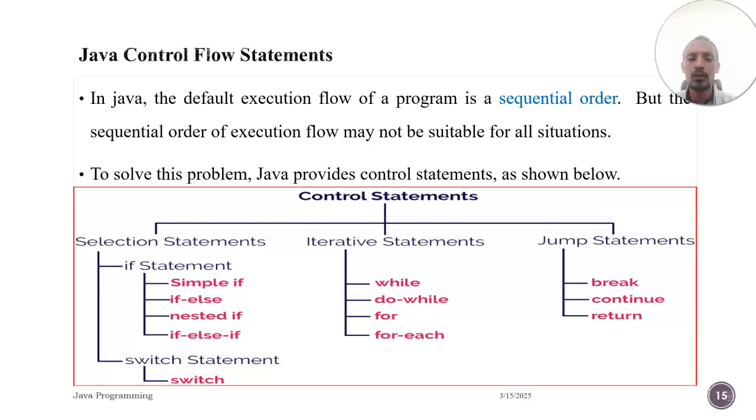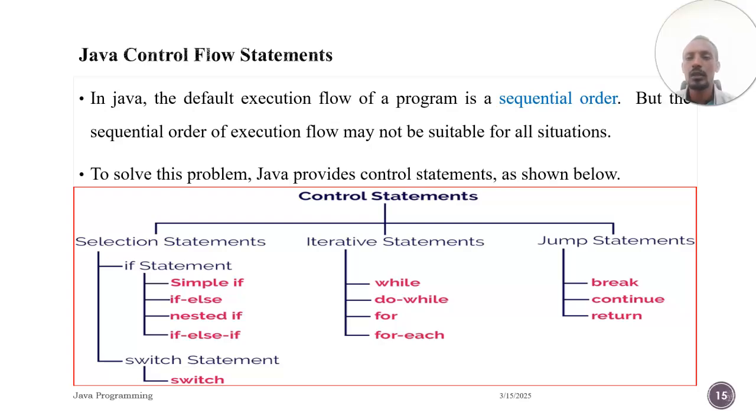The second part is what we call iterative, commonly also called looping statements. The looping statements are while loop, do while loop, for loop, and the for each loop. So there are four. Mostly three of them are used in every standalone application of Java. The for each loop is used within JDBC, Java Database Connectivity.